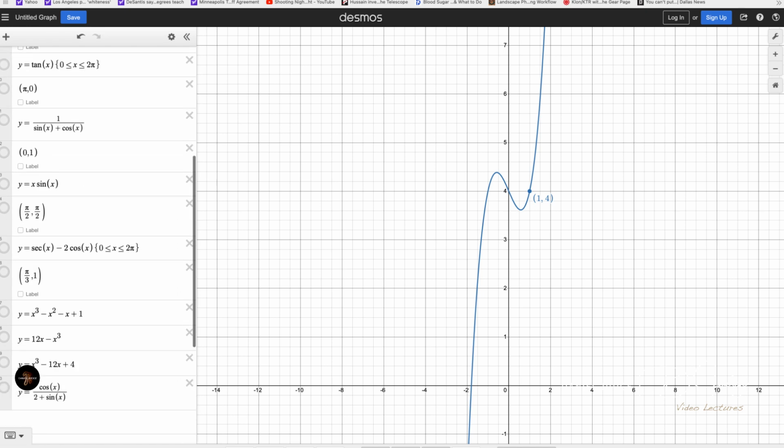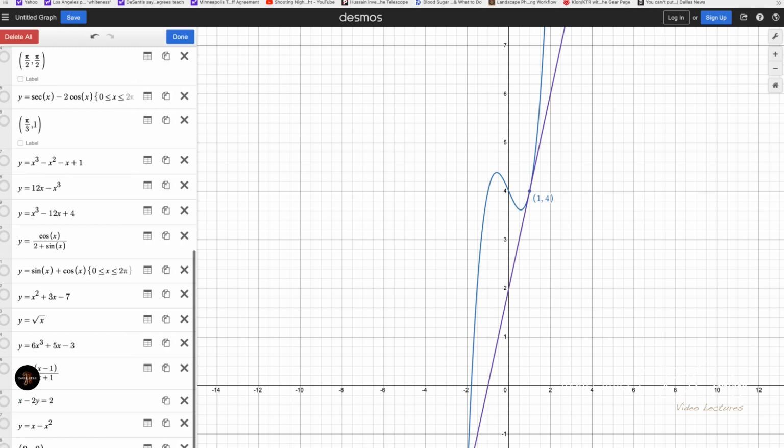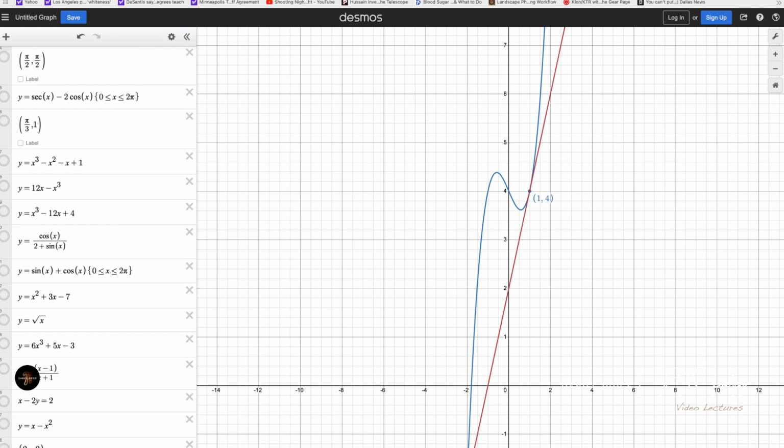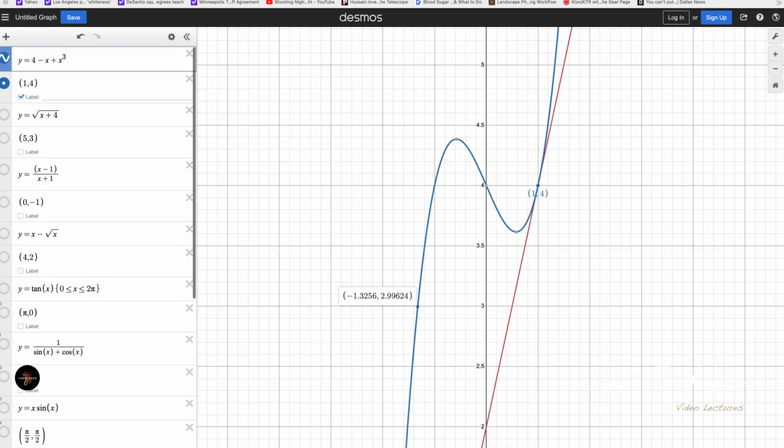So let's do this: y is 2x plus 2. We're going to go all the way down here. Y equals 2x plus 2. And ladies and gentlemen, I like to change the color of that derivative there to red. And let's take a closer look.